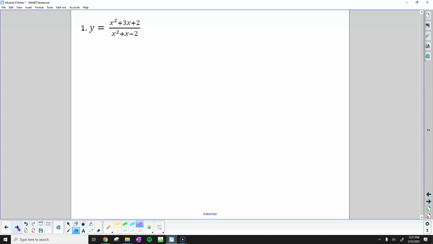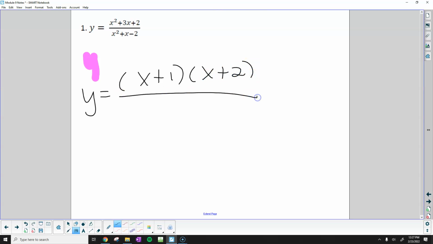So here on number 1, remember to find anything, you have to factor first. So let's practice finding the vertical asymptotes, and in order for me to find that, I have to factor. And again, this is x plus 1, x plus 2 on top, and underneath is x plus 2, x minus 1. So remember, we factor first, then we identify holes, because holes are not part of your vertical asymptotes.